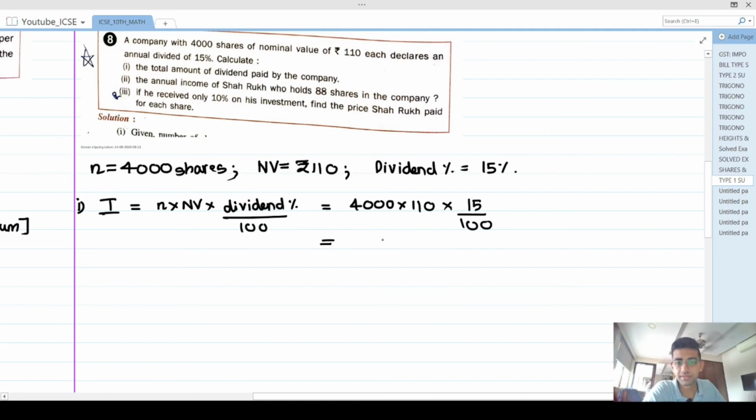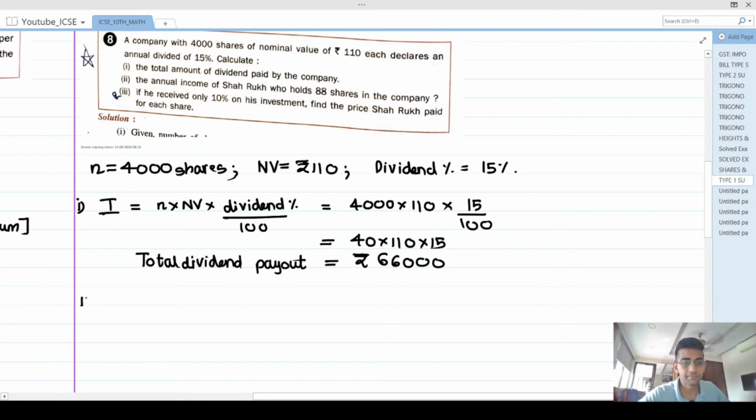So this becomes around 40 into 110 into 15. This works out to rupees 66,000. So total dividend paid by the company. Total dividend payout.